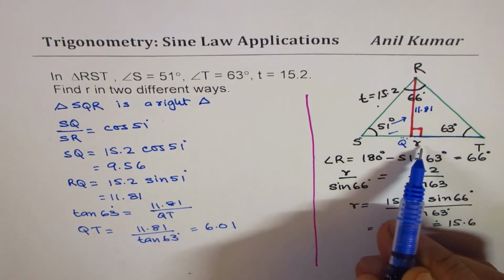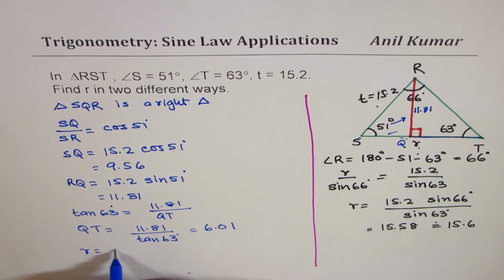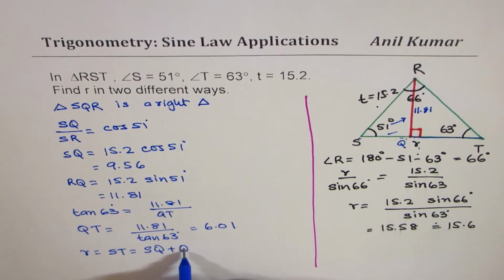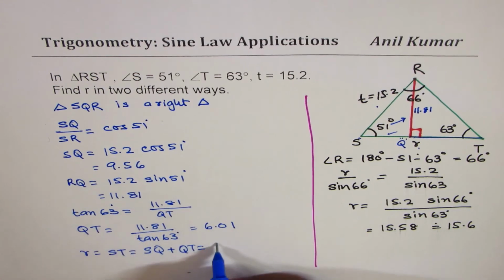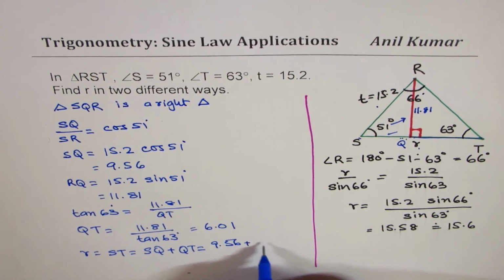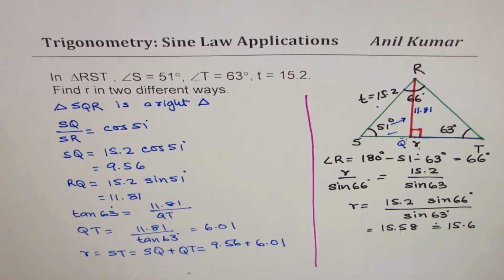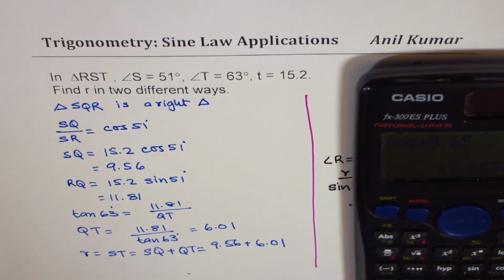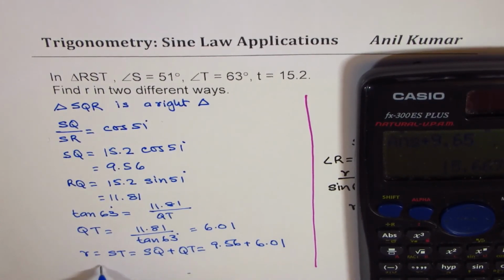So r, which is equal to ST, is equal to SQ plus QT, which is equal to 9.56 plus 6.01. So 6.01 plus 9.56 gives us 15.66.